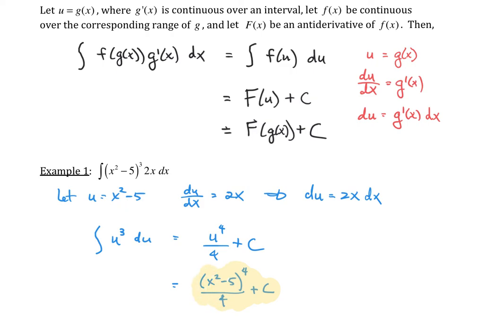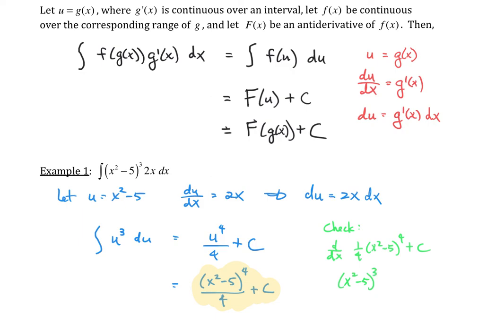But we can always check our answer by taking the derivative. So let's check. I'm going to differentiate 1/4 times x squared minus 5 to the 4th power plus c. And I'm going to need the chain rule for that. When I bring the 4 down, that's going to cancel with the 1/4 in front. So I'm going to have x squared minus 5 to the 3rd power.